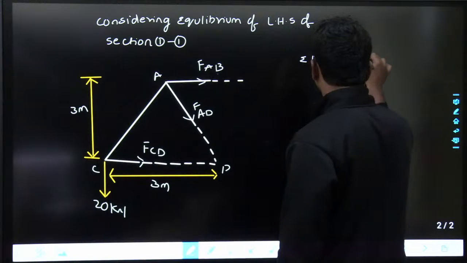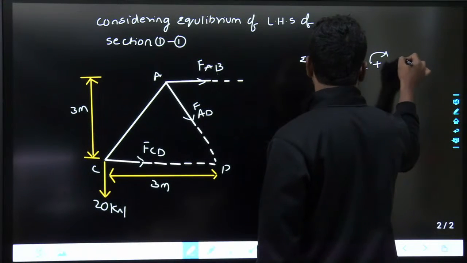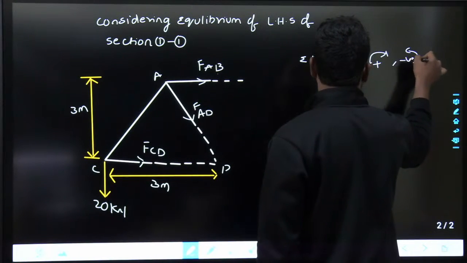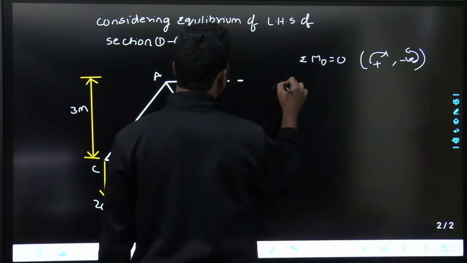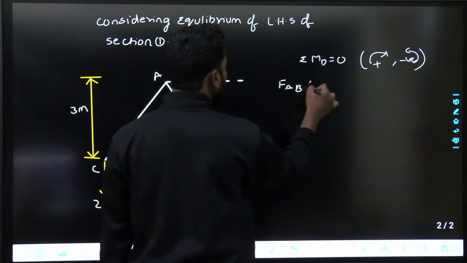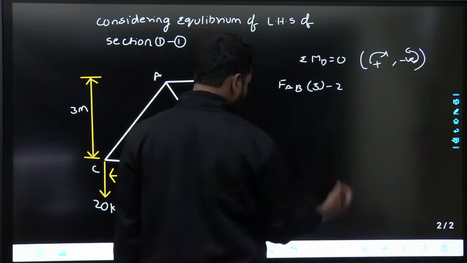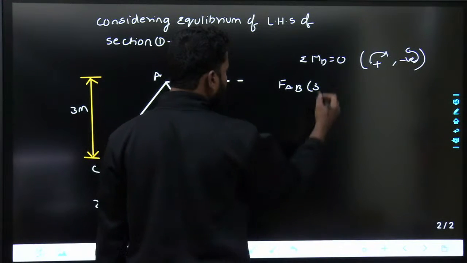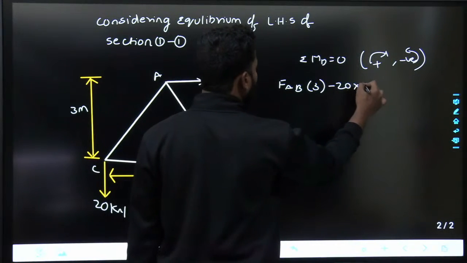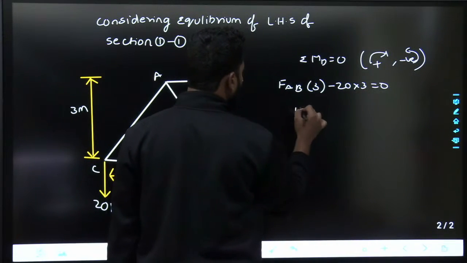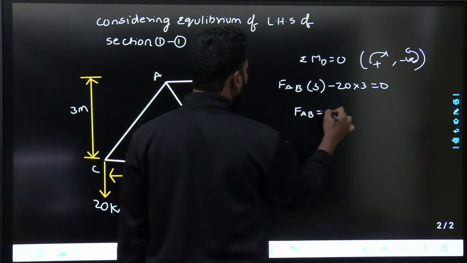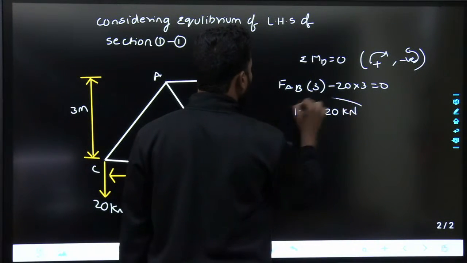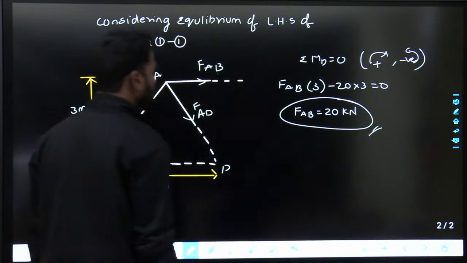So I will take clockwise positive, anti-clockwise negative. FAB into 3 minus 20 multiplied by 3 equals 0, so FAB equals 20 kilonewtons.